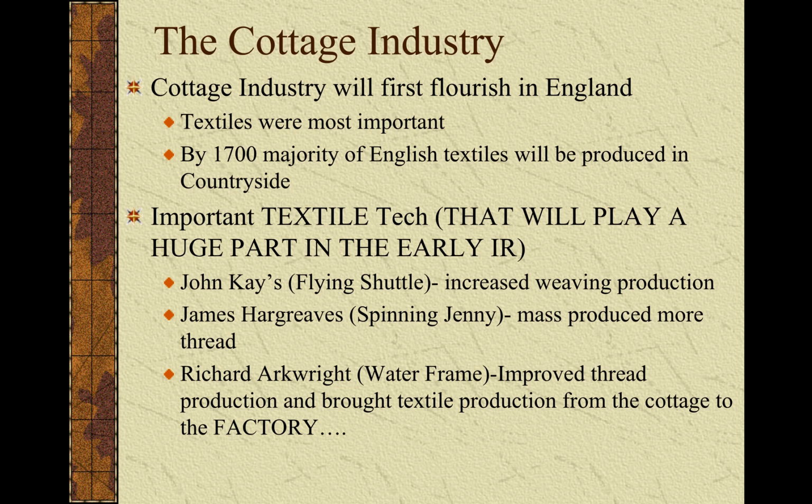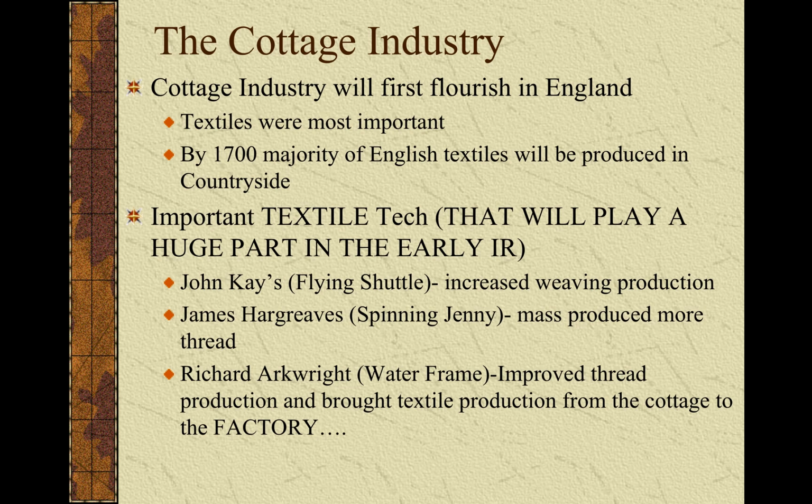Now, important note, we're going to start talking about factories. With the water frame, we're going to see production of textiles go from the cottage to the first factories. Now, the first factories are going to be in a special place. They're going to be by sources of water. Why? Well, we haven't seen the steam engine be invented yet.